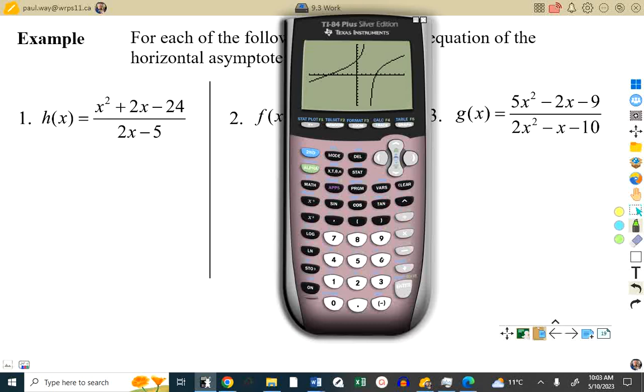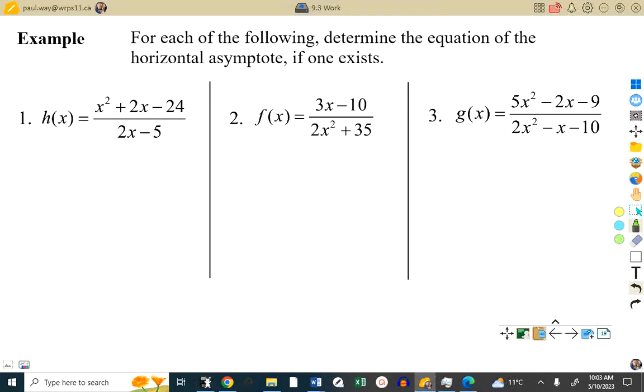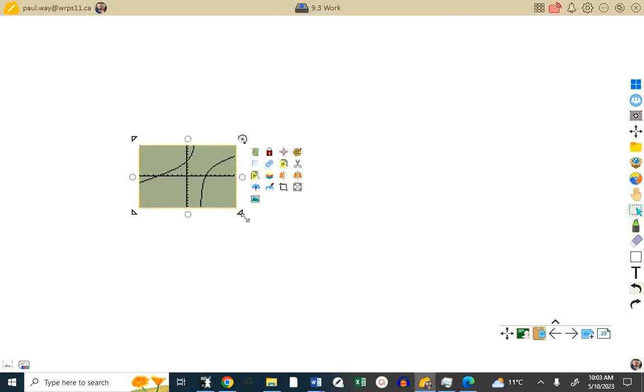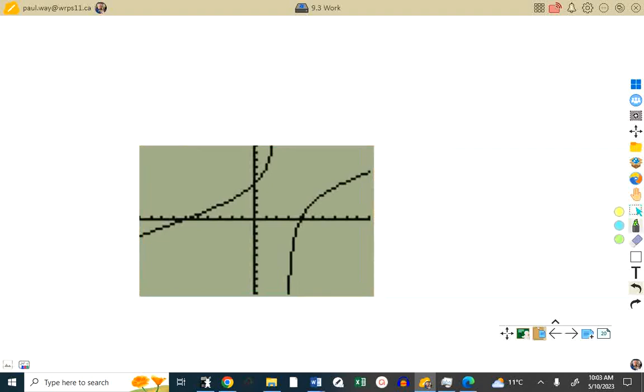And more importantly, the one on the right, this arc, appears to be going up forever. It doesn't appear to be settling down.